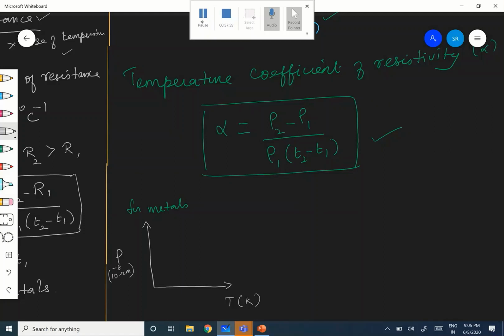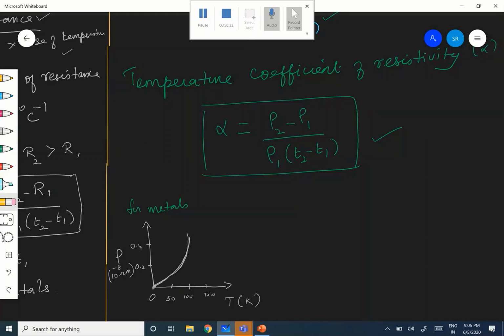The temperature here is in Kelvin: 0, 50, 100, 150, etc. And here it is 0.2, 0.4, into 10 power minus 8 ohm meter. Therefore, as you increase the temperature, the resistivity will increase, right? So it will be like that.